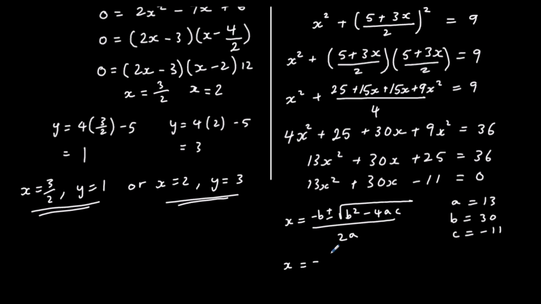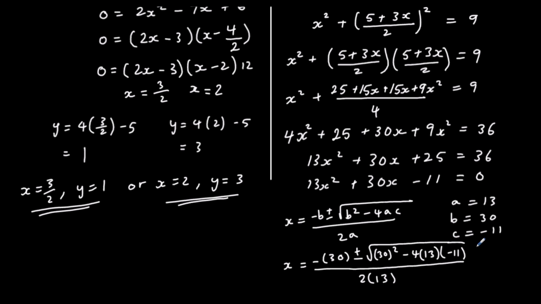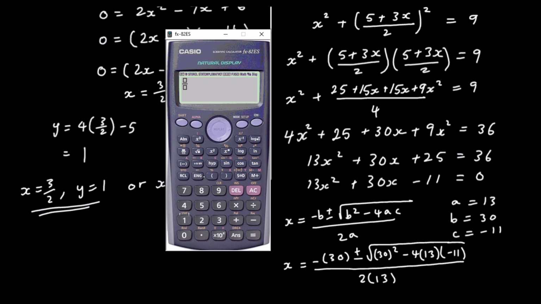So we've got x equals minus 30 plus or minus the square root of 30 squared minus 4 times 13 times negative 11 all over 2 13s. And we'll type it into the calculator. So once with a plus, once with a minus, and we will get our two x values.